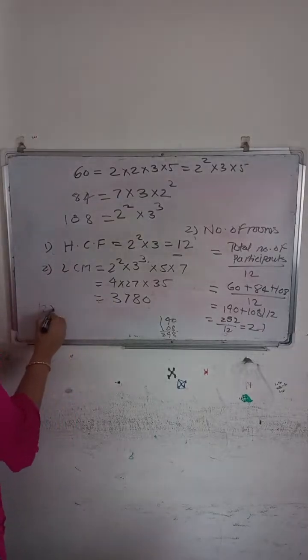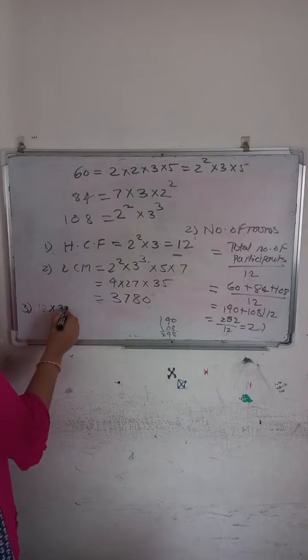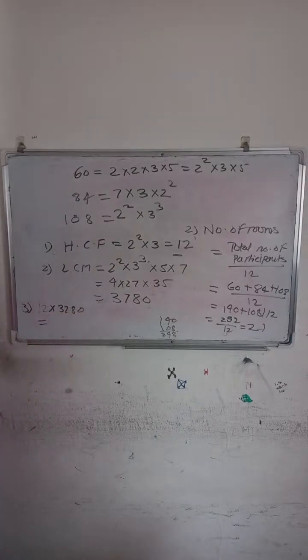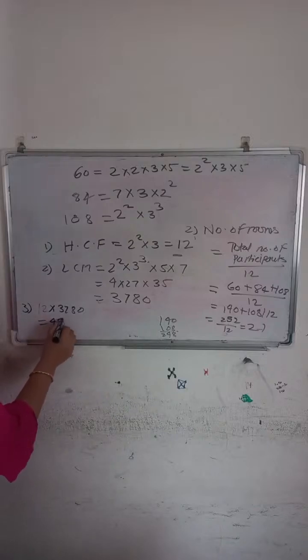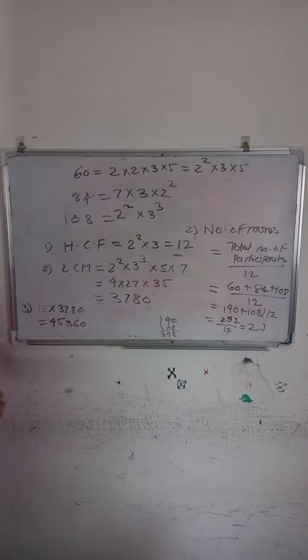So you already have the HCF and LCM: 12 into 3780. Check how much is the answer. It is 45,360.